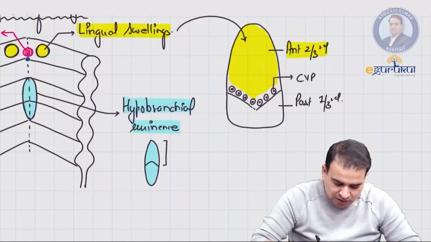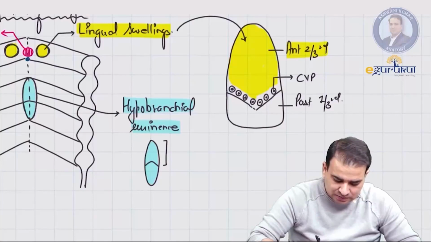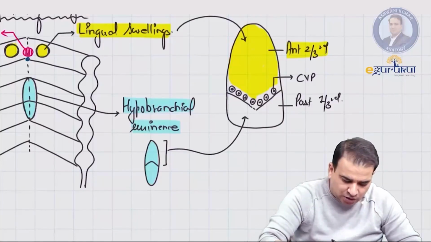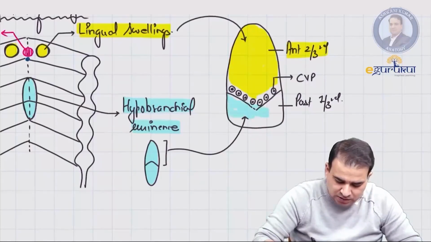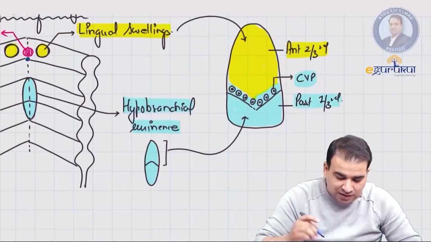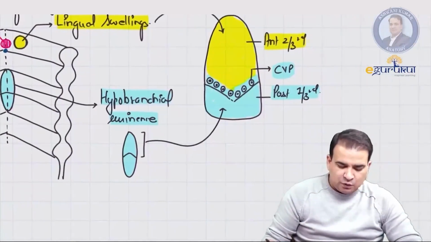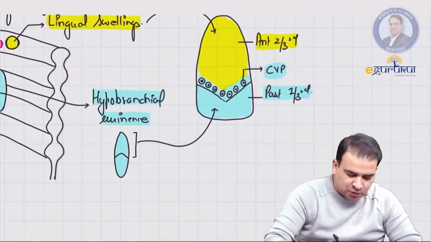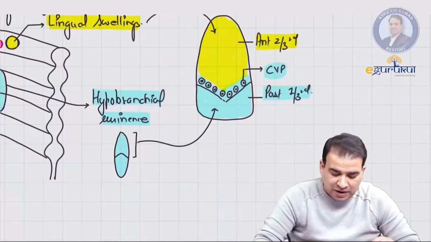So this is the cranial part of the hypobranchial eminence, and that will contribute to the posterior 1/3 of the tongue as well as circumvallate papillae, which are in the anterior 2/3.